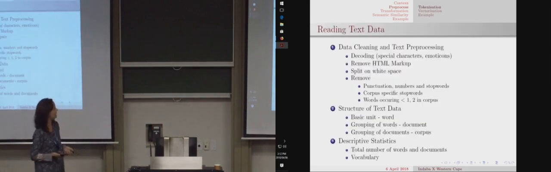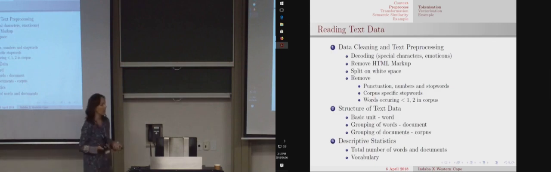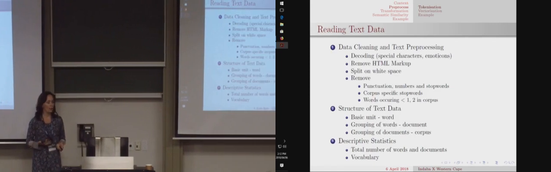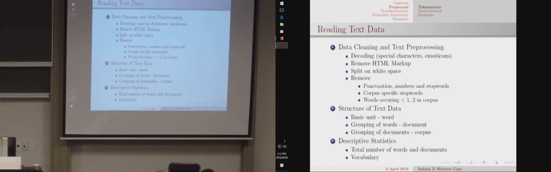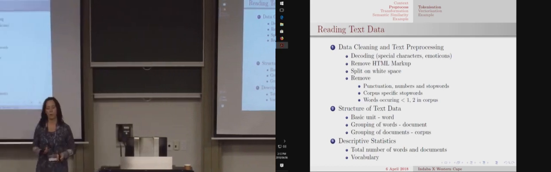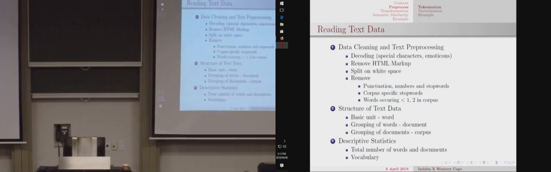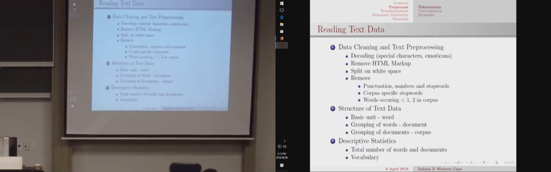So if we look at what we need to do when we read text data, first of all, we need to clean the data. Decoding is your worst enemy always with text data. You will always get an encoding issue.